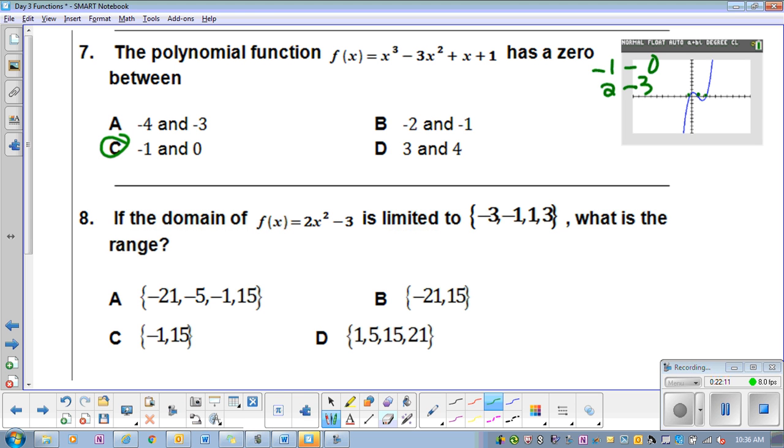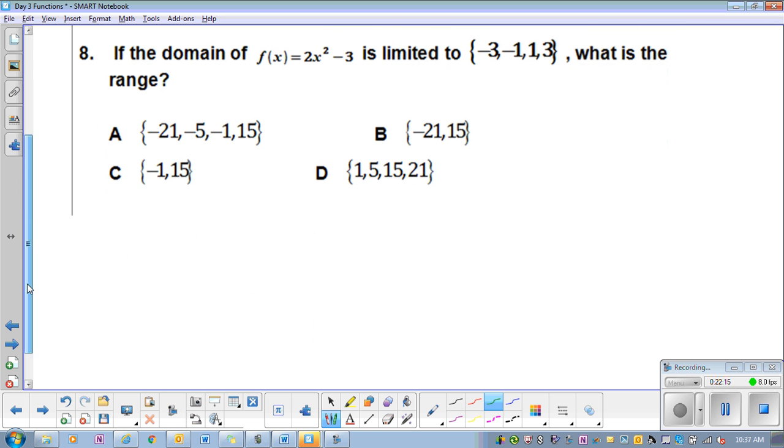So number 8, if the domain of this function, f of x, is limited to that, what is the range? Do you understand what this question is asking you? If you don't, look, I'm not even going to write it as f of x. I'm going to say y. Y equals 2x squared minus 3, right?